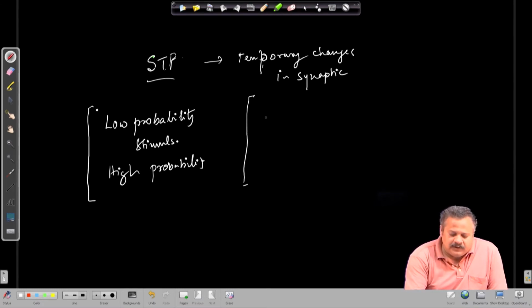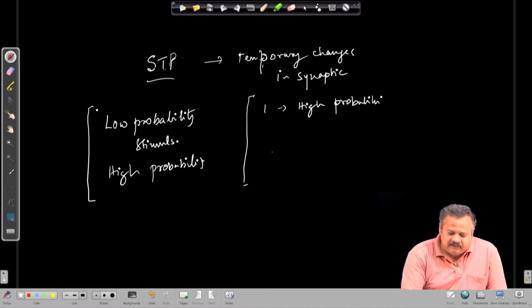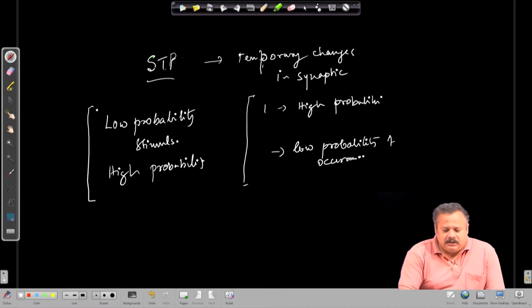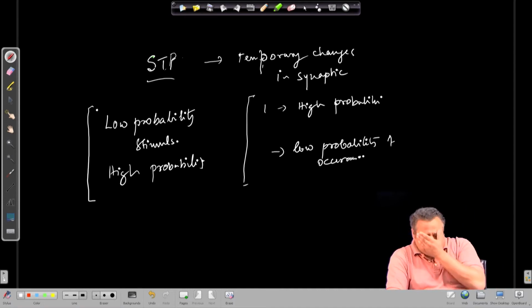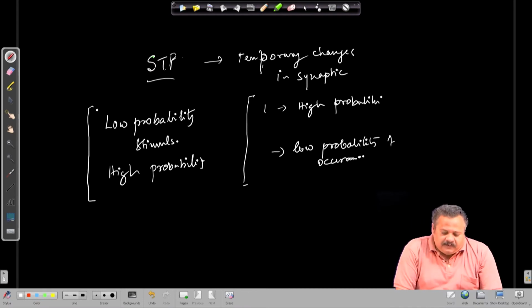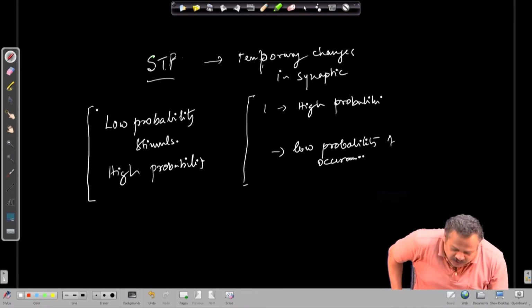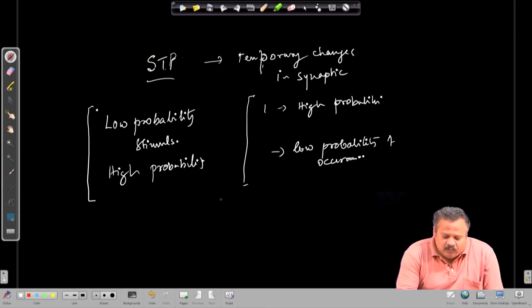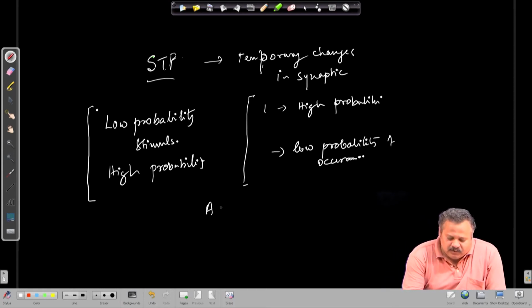And in the other case, we will have one particular stimulus that has very high probability, and many others have low probability of occurrence. Once we go into the discussion, you will realize that both are essentially what we know as adaptation.